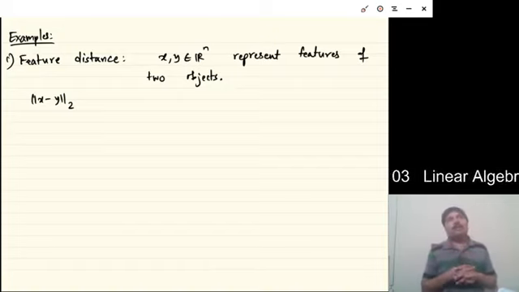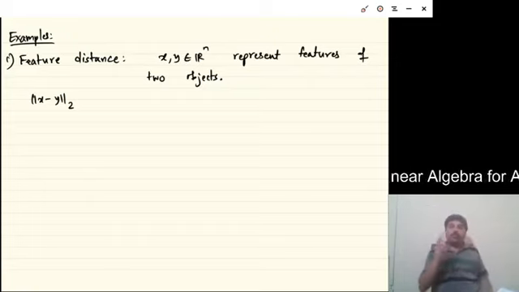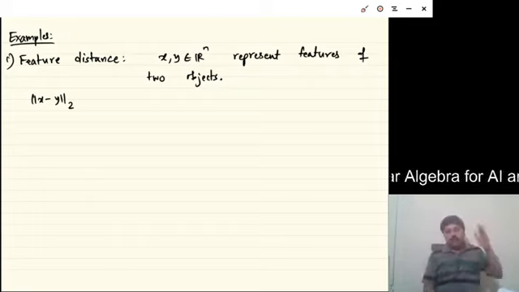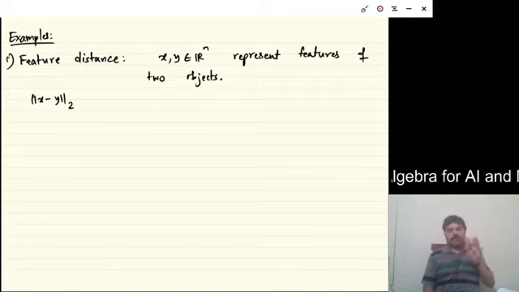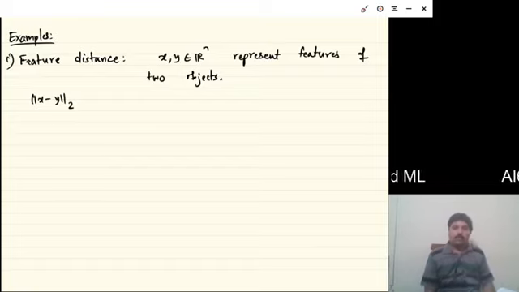For example, you can consider a very interesting scenario that is close to your hearts. Say x and y are feature vectors corresponding to two students in a class. Those two students have registered for this particular course, AI 61003, linear algebra for AI and ML. What are the features corresponding to these two students?